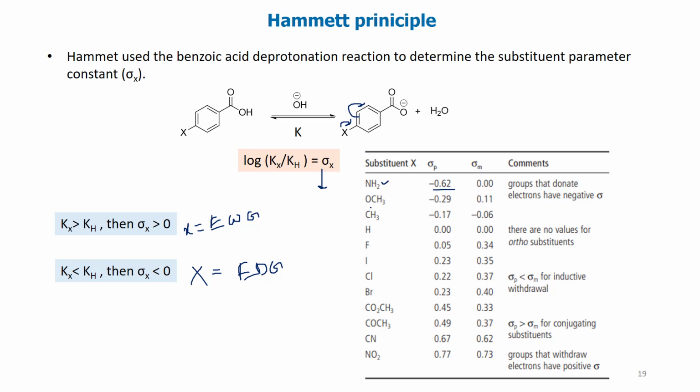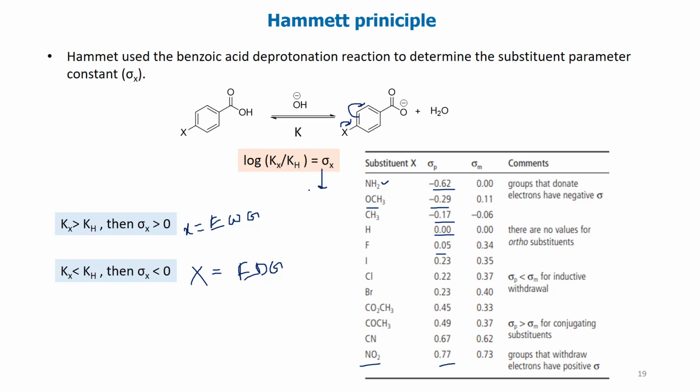OMe is also an electron donating group, and that is also negative. CH3 is also an electron donating group because of its plus I effect, and this is also negative. When it is hydrogen, it is 0, which means no effect. And fluorine has a minus I effect, so it is positive. When you go to NO2, it is highly positive.